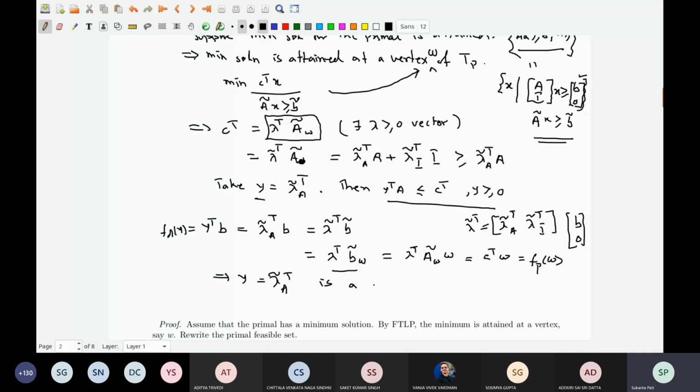Okay, so once you assume that the primal has a minimum solution, you showed that the dual has a maximum solution. Now suppose you assume the dual has a maximum solution, then you convert the maximum problem to a minimum problem, and then by applying this one, you will show the primal has a minimum solution.